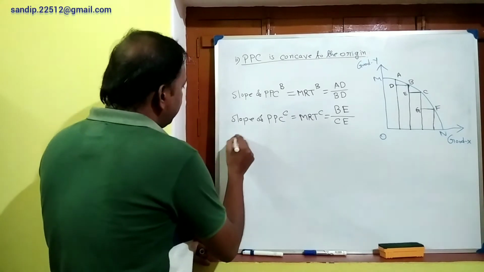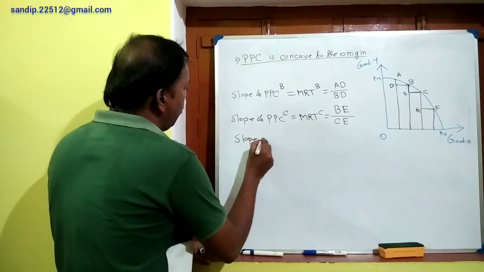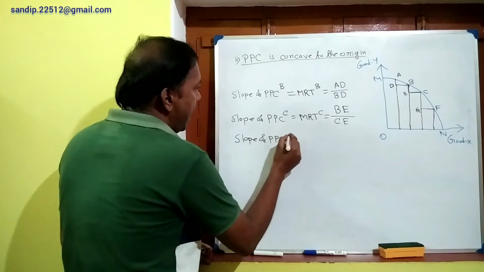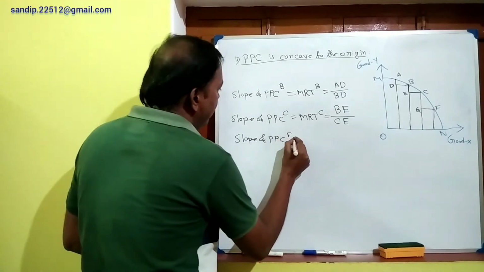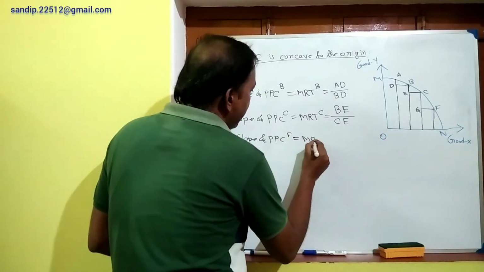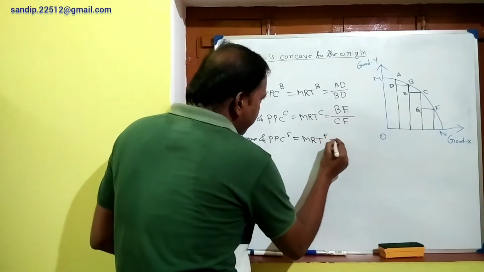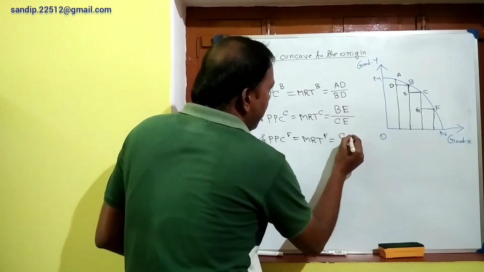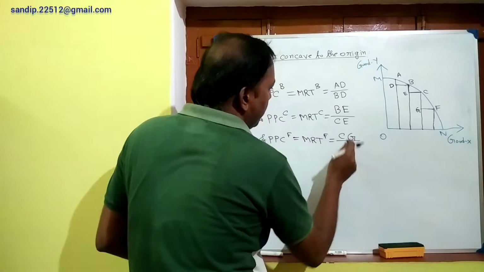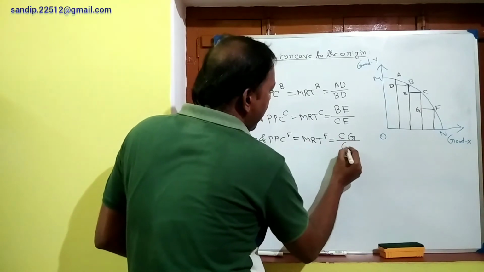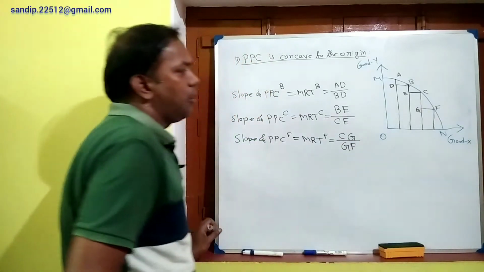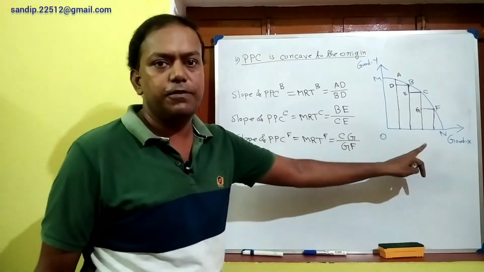Similarly, if I take another point, the slope of PPC at point F, then we get that MRT at point F is nothing but the amount of sacrifice of good Y, that is CG, by the amount of extra production of good X, that is GF.